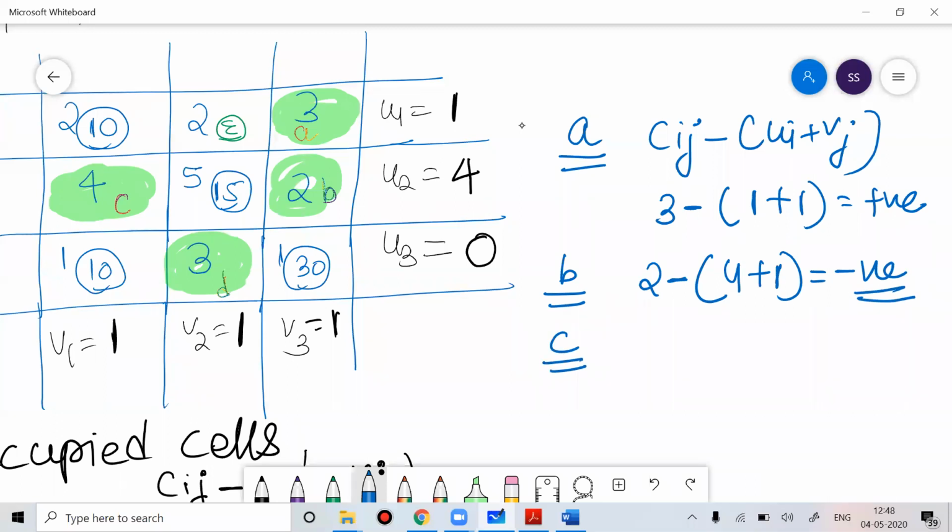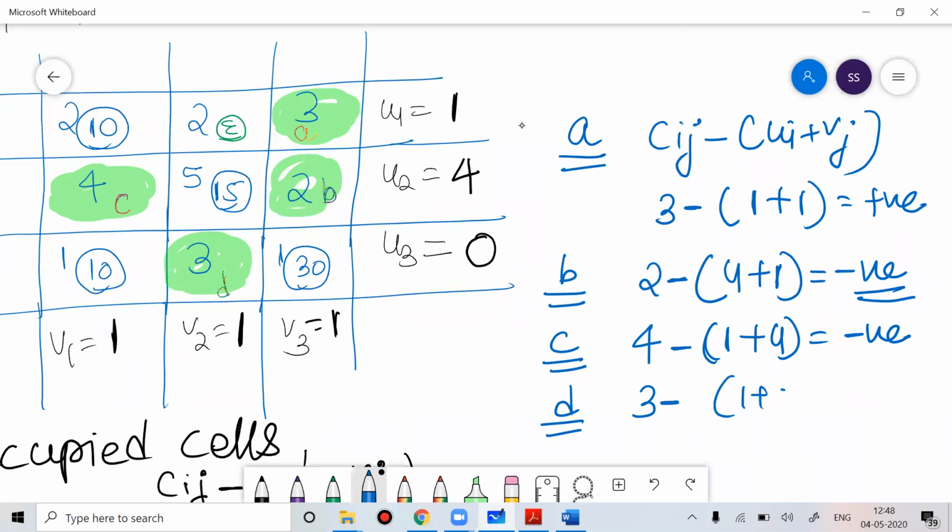Now for C, this is 4 minus 1 plus 4. This is again negative. Now for D, D is 3 minus 1 plus 0. You're getting positive.